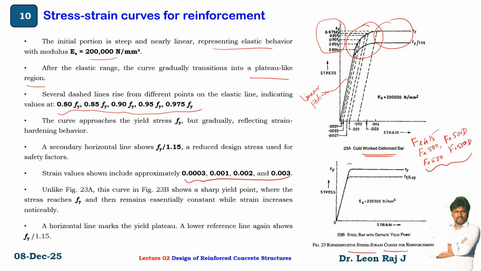And in the case of mild steel, you will have a definite yield point. Initially it is linear, and then you can see a plateau-like region, and this is constant.